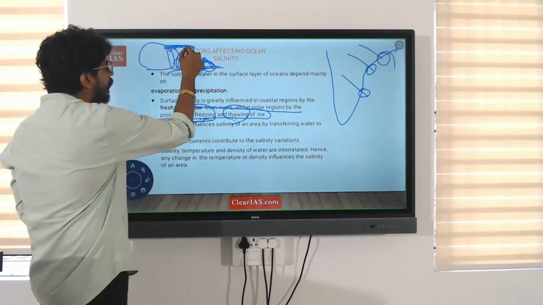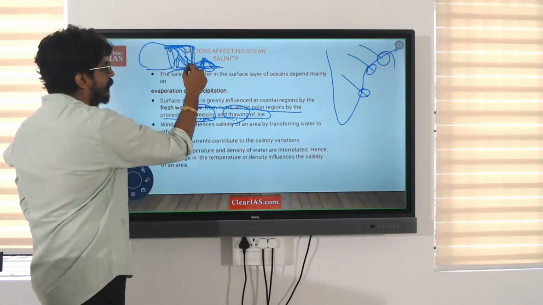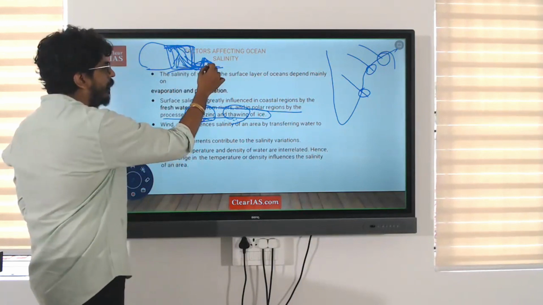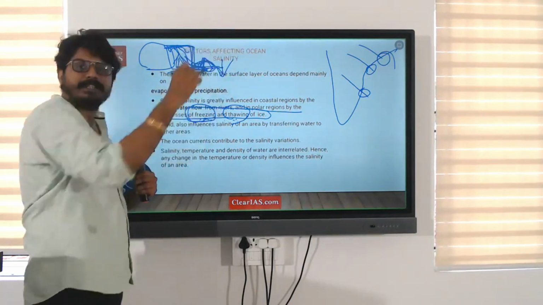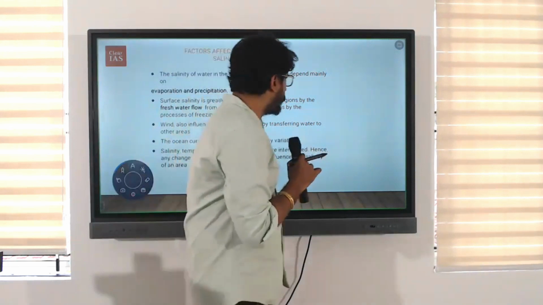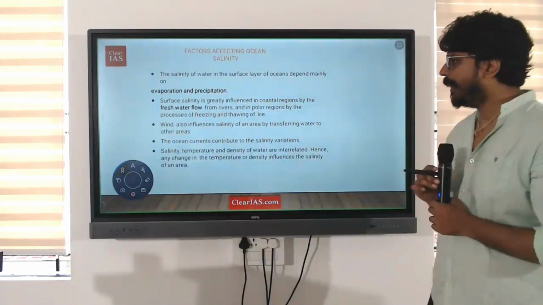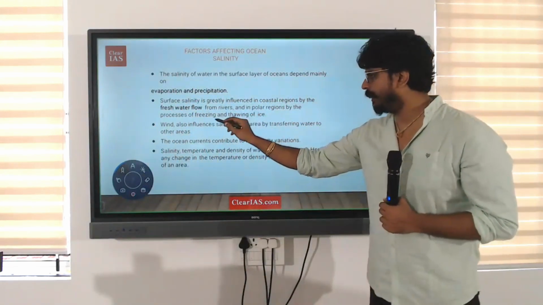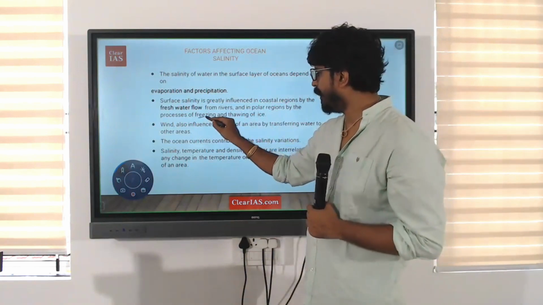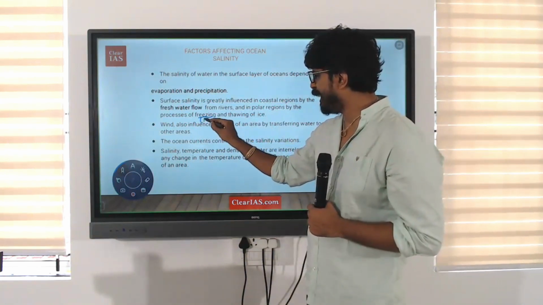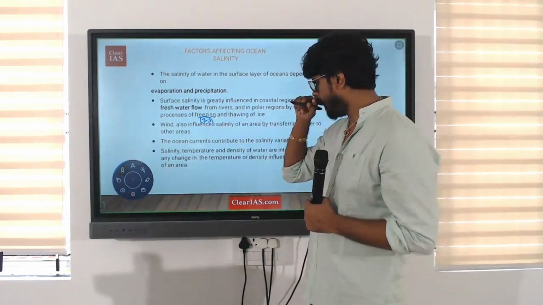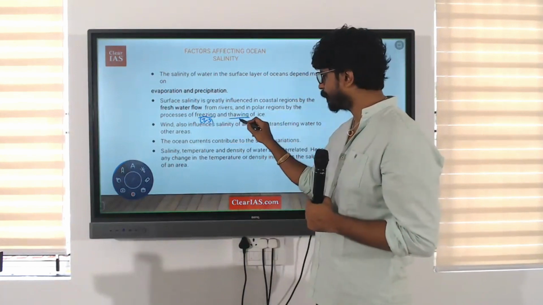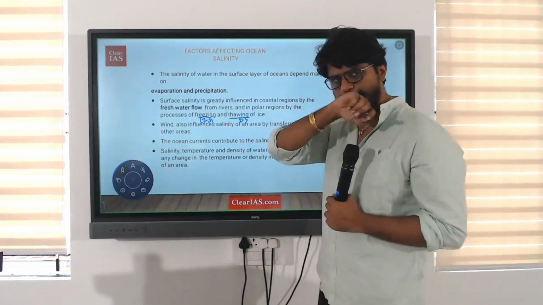Next, when the glaciers melt, they add fresh water and the salinity will decrease. In polar regions, you can write down: freezing increases salinity, and thawing decreases salinity.